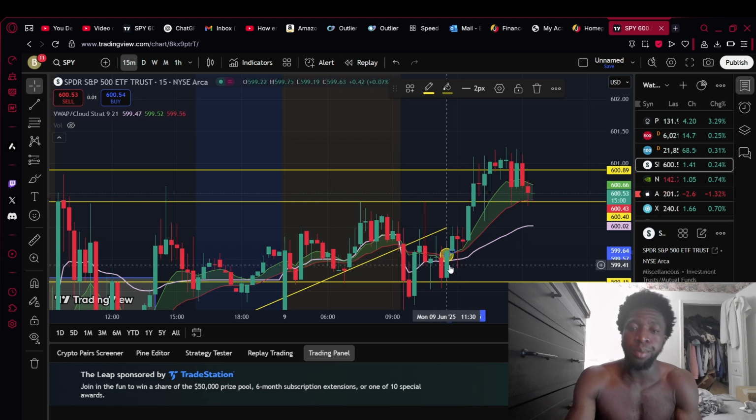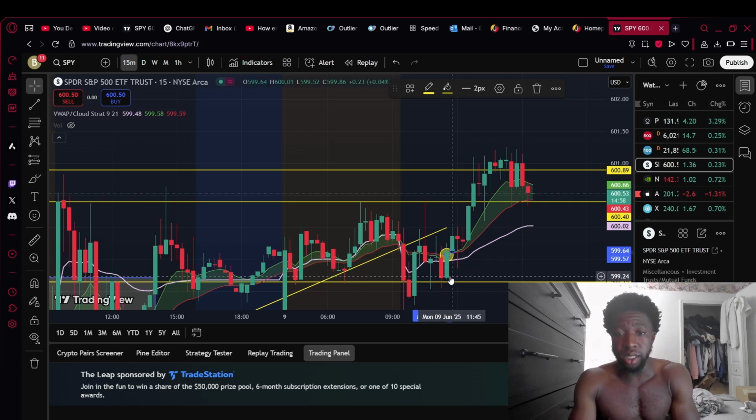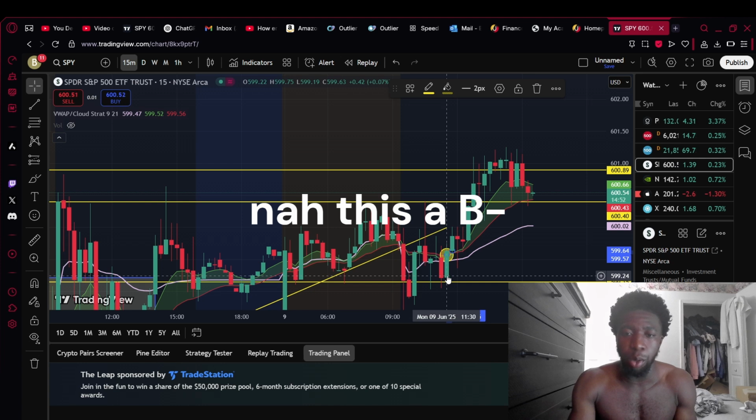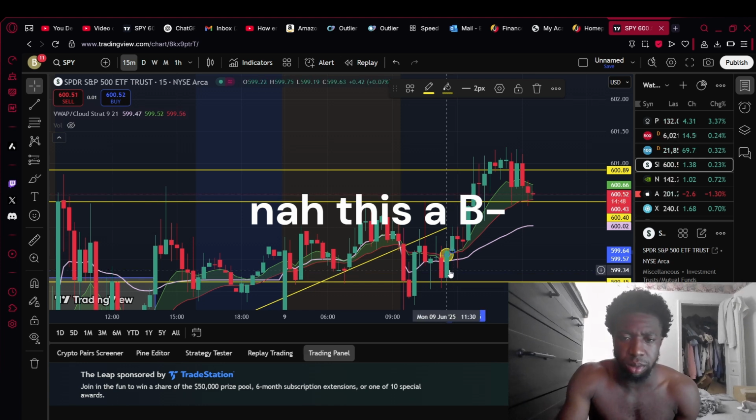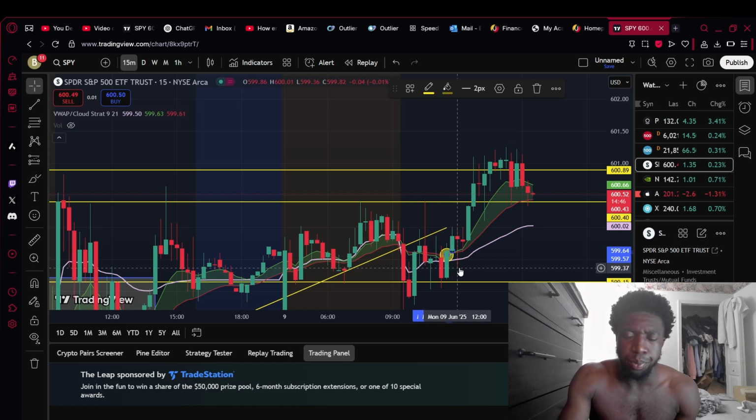Honestly, I would say this is a B setup. There will be much better setups that I will show you, but for now this is one I saw today. That is an idea of my strategy.